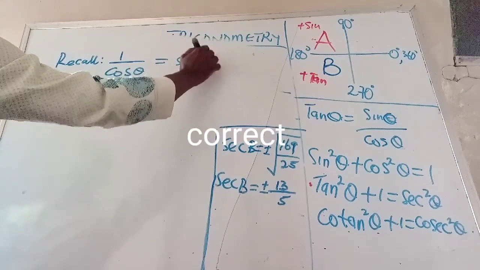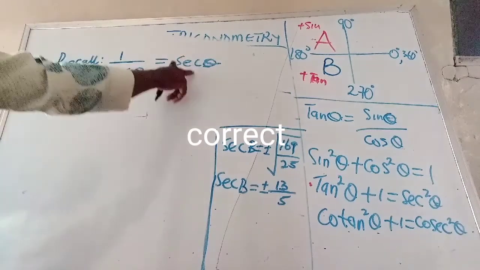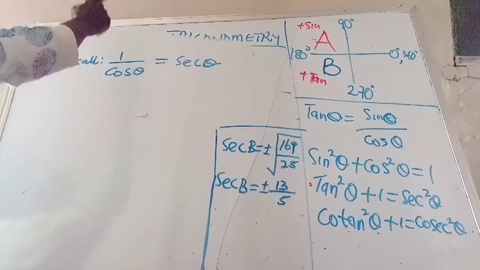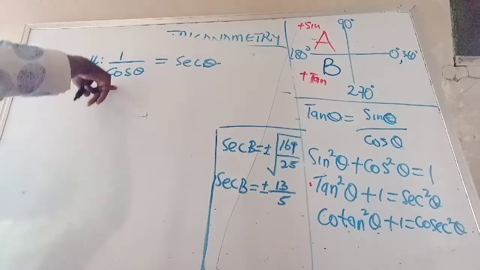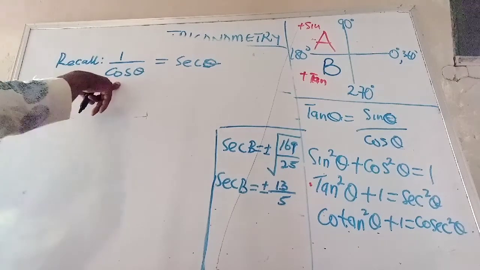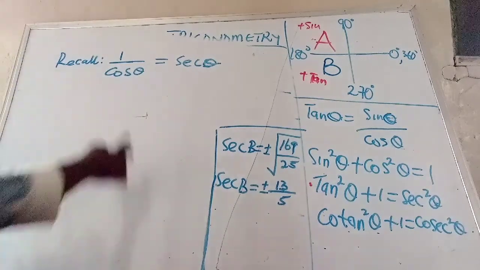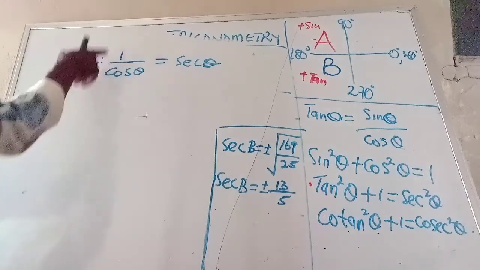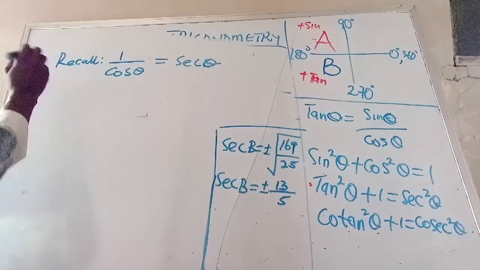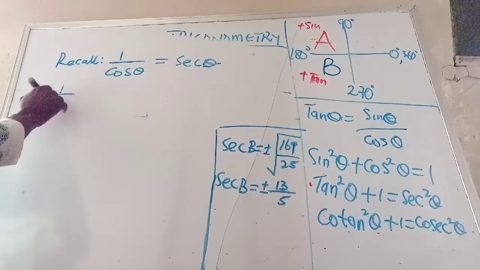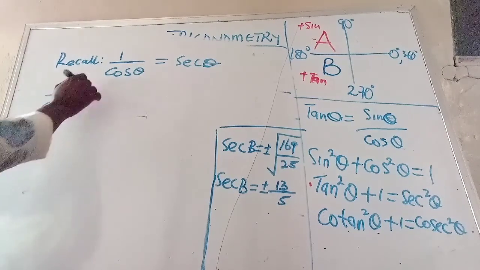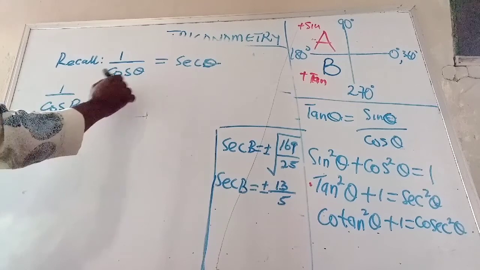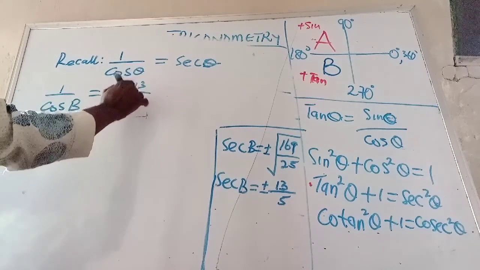That means that definitely secant means the what? The reciprocal of what? Cosine. Therefore, it means that instead of using secant B here, I will use 1 over cosine B. So 1 over cosine B will be equal to plus or minus 13 over 5.